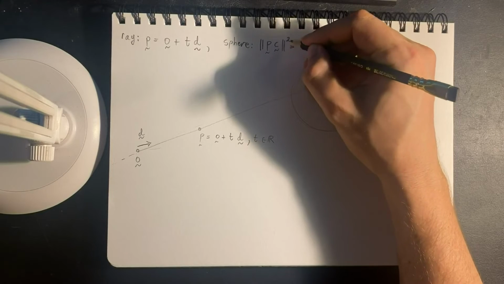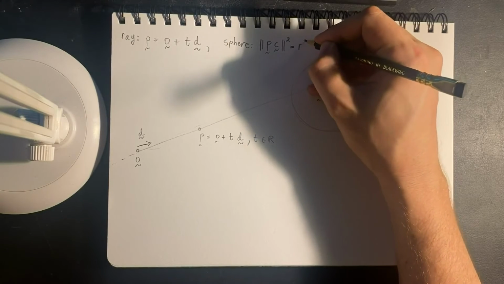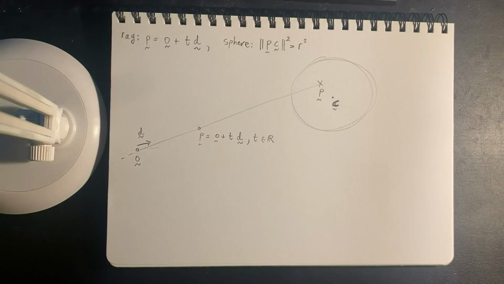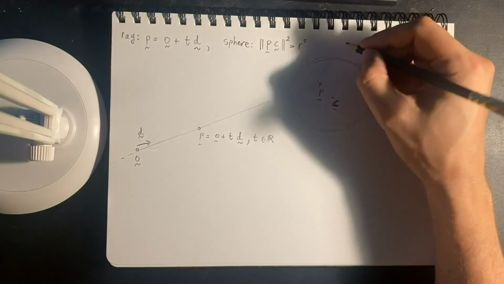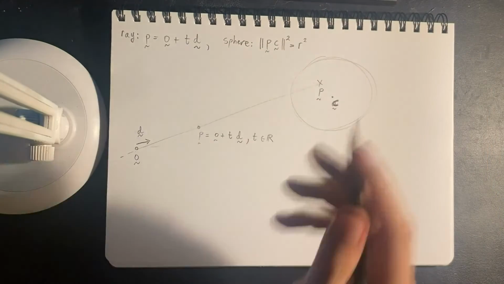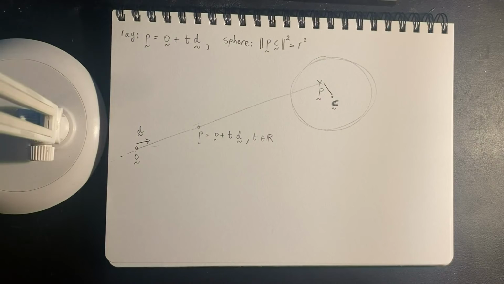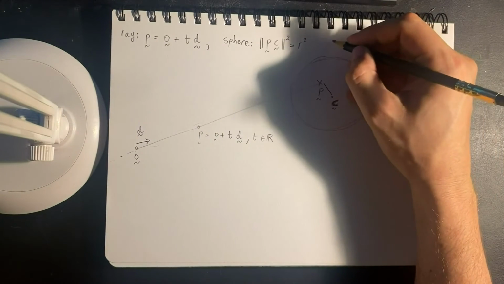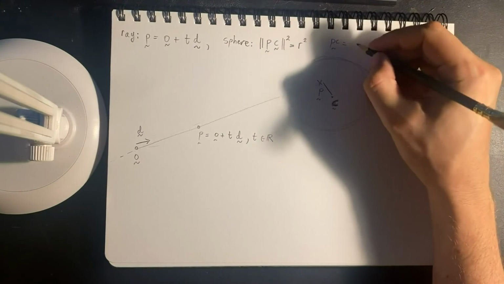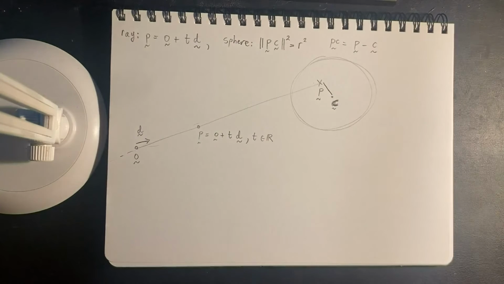Let me square that. So the distance squared equals the radius squared. Okay. And remember that PC is the direction vector from the center to the point. So just for simplicity, I'll say that PC is P minus the center.